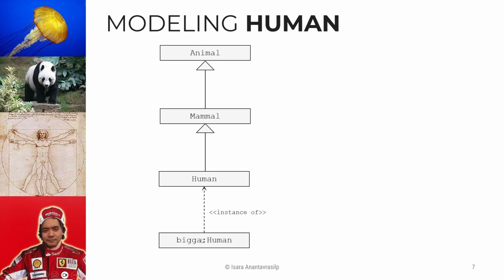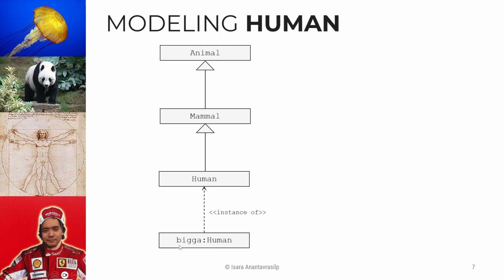Well, I am an object of a human. Human is a class because it explains everybody in the world. And then human is a subclass of mammal. And here mammal is again a subclass of animal. I'm sure that you are familiar with this notation or at least have seen that somewhere.